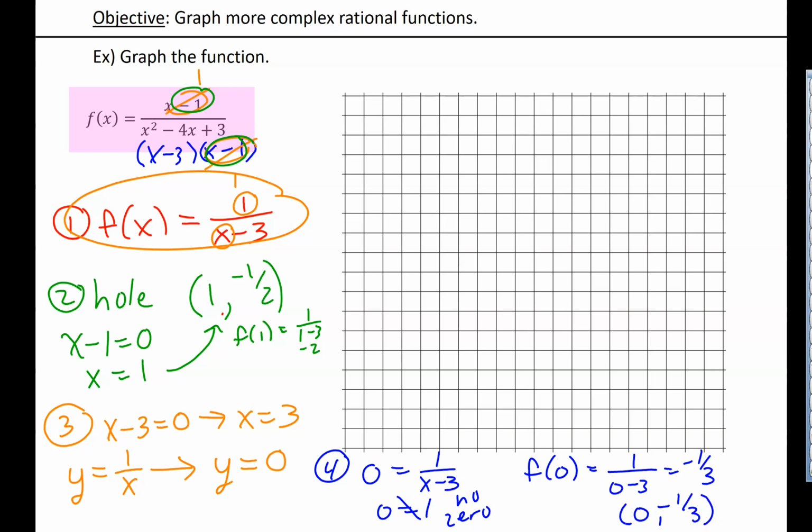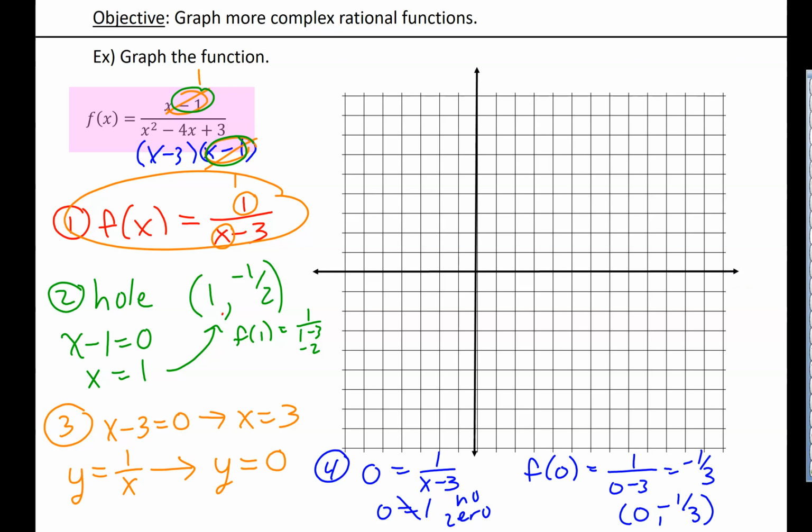All right, so now I am going to look at drawing my axes. And so I have x equals 3, so I might want to move my y-axis a little bit to the left just to make sure I have enough room over there on the right side of it. And y equals 0 is my x-axis, so it can be in the middle.